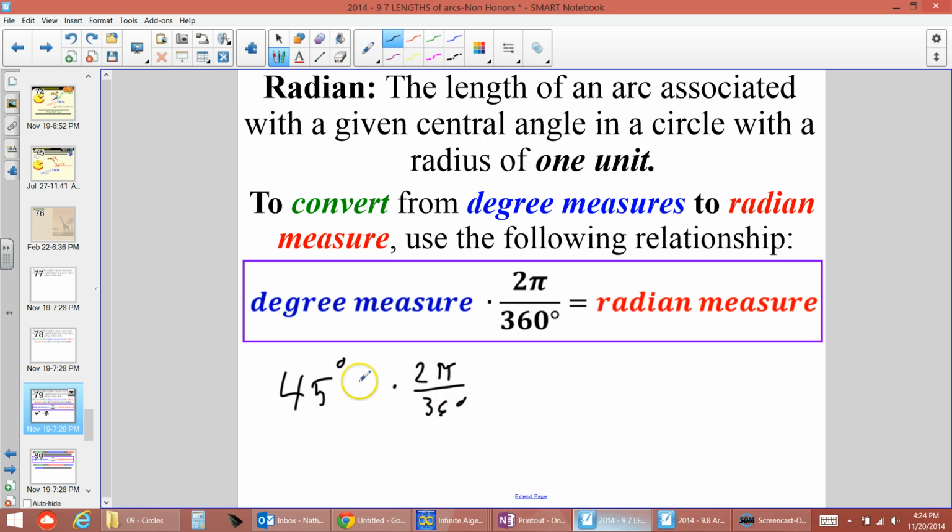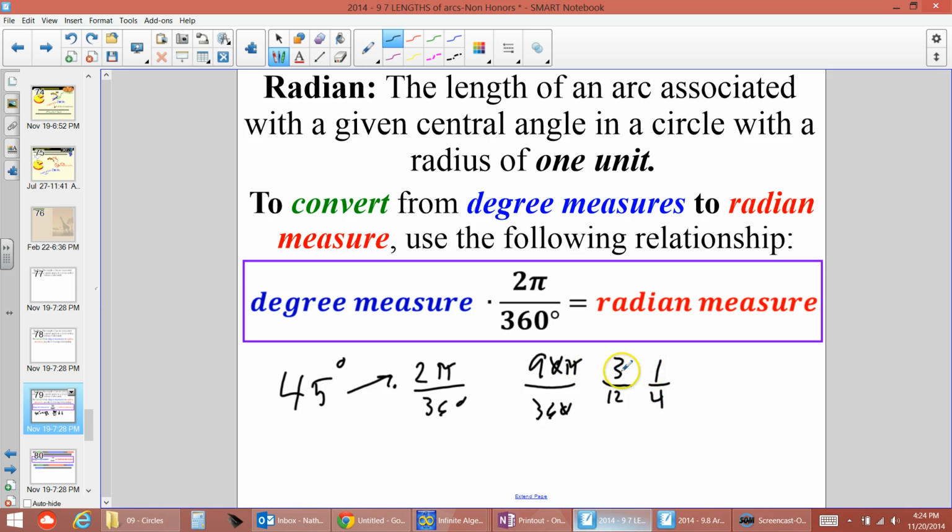Well, we know that we multiply the tops and then divide down. So if I multiply the tops, I'm going to end up with 90 pi over 360. Now I can reduce this to be 9 over 36. And I can reduce this to be 3 over 12. And I can reduce this to be 1 over 4.